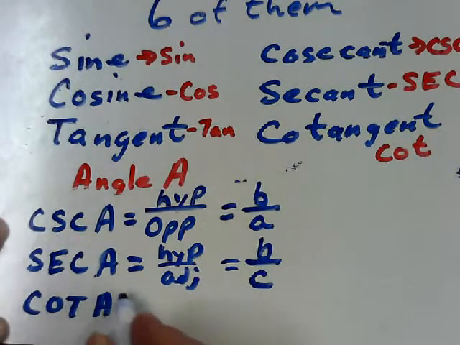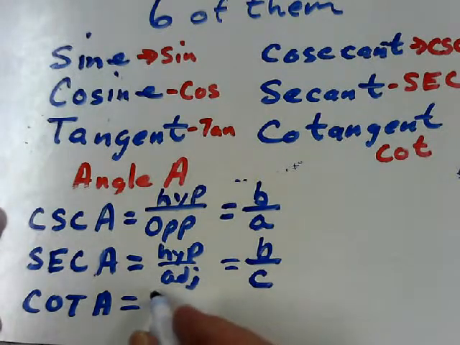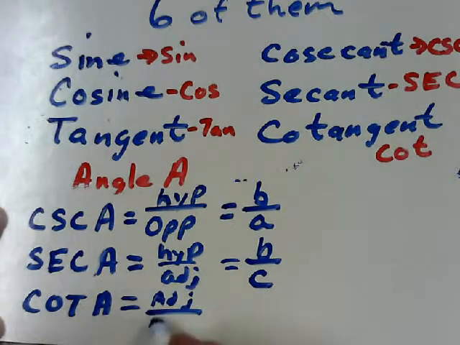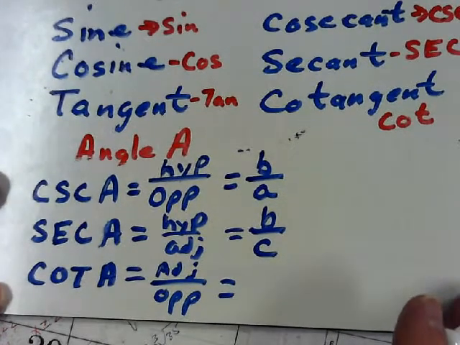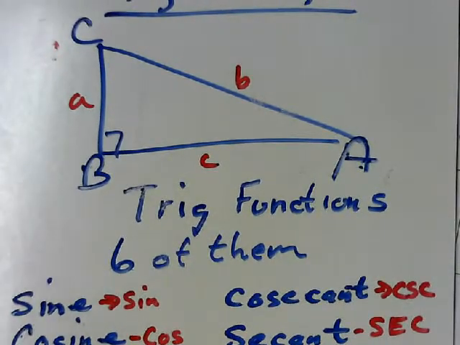Cotangent of A is the inverse to tangent, which means that it will be adjacent over opposite. Okay, A, what's the adjacent side?